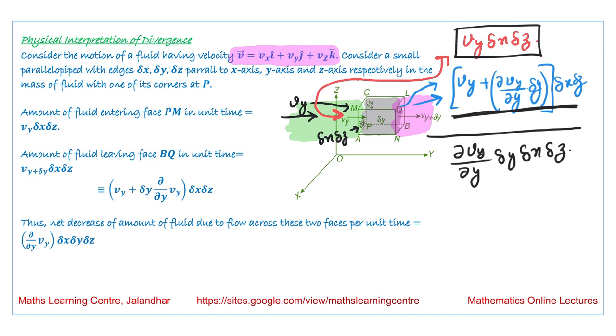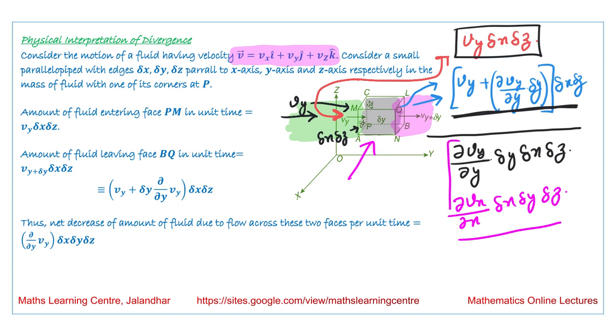Similarly, if we write the same thing for the x direction, we obtain del vx by del x delta y delta z, and similarly for the z direction.